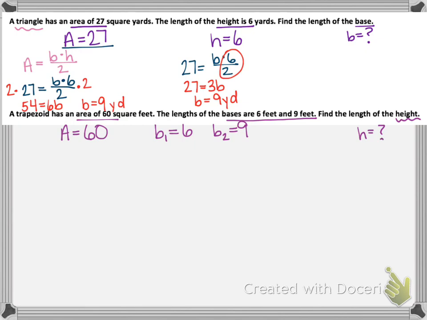Okay, so remember our formula for a trapezoid, area equals base 1 plus base 2 times the height, all of that divided by 2. So there's my area.